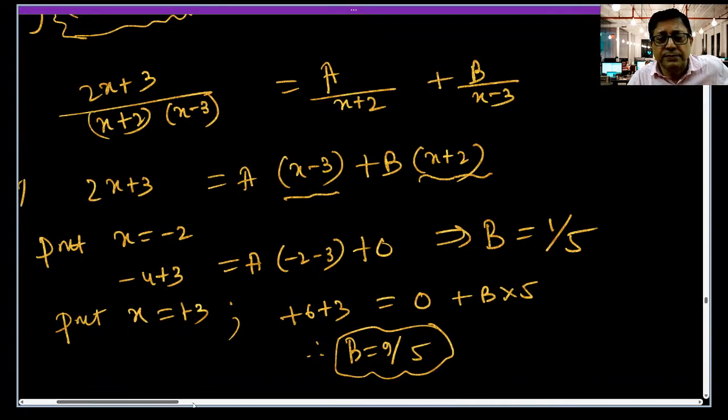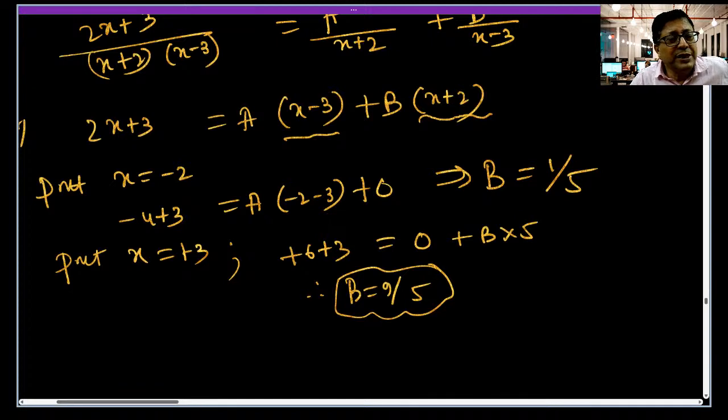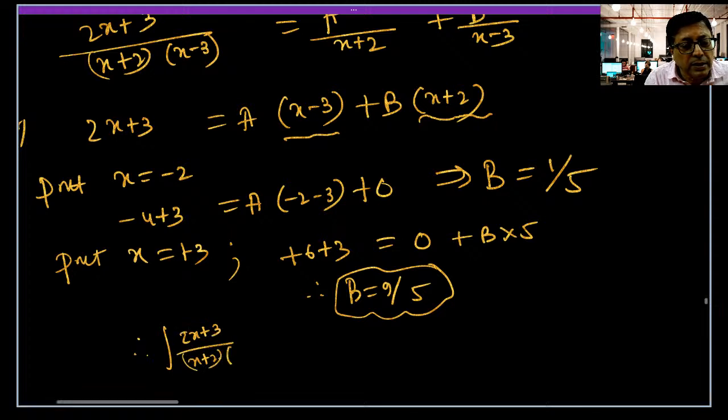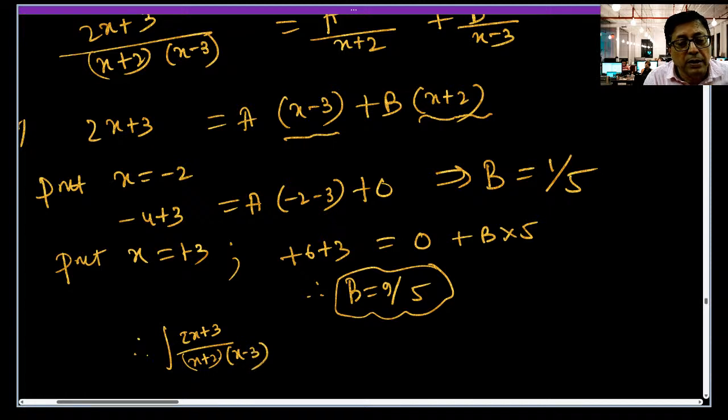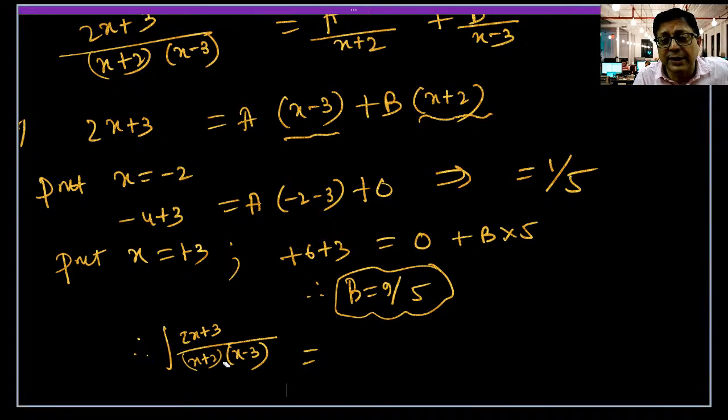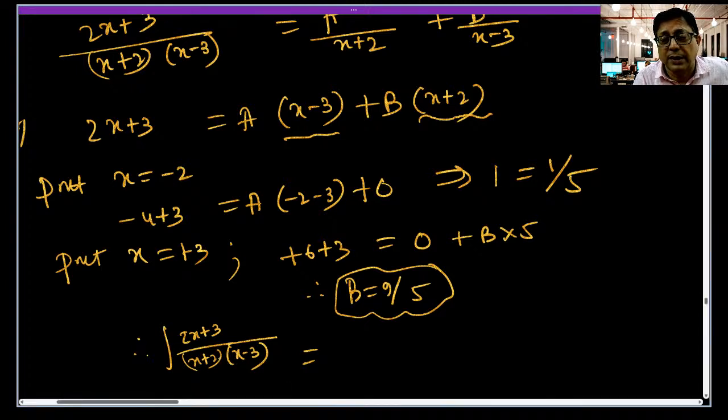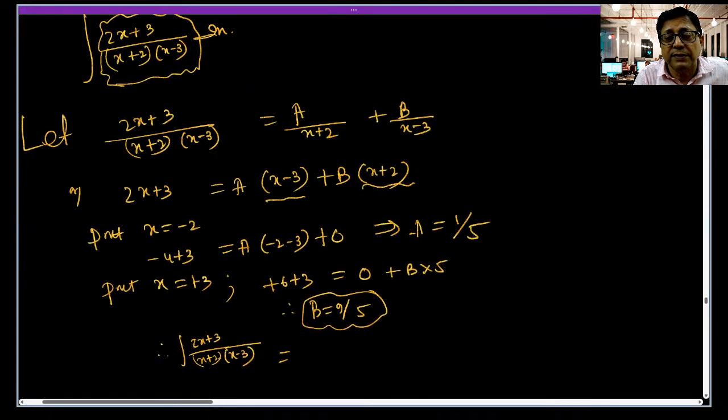So substitute there (2x plus 3) by ... this is equal to a. A is what? 1 by, oh sorry, both b we got. This is a only. This is a. A is 1 by 5. Value of a is 1 by 5.